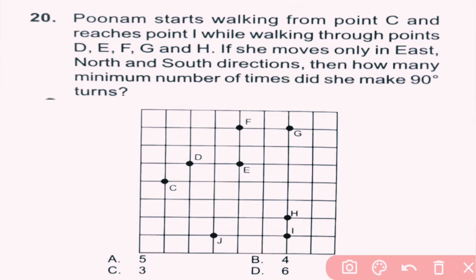So she starts from C and takes only east, north and south directions. So she will go like this: D, then E, then F, then G and then H and I. So she will make this first 90-degree turn, second, third and fourth. So 4 right angles form. So here B is the correct answer.